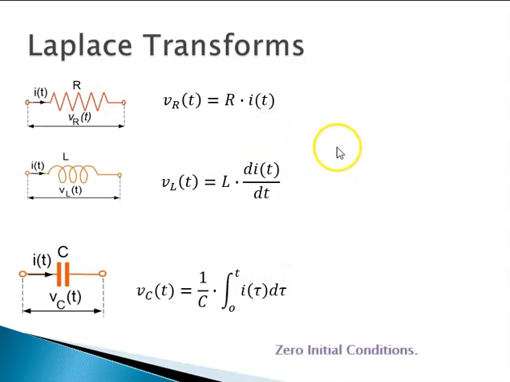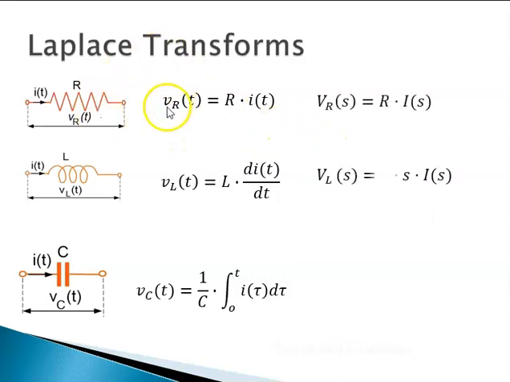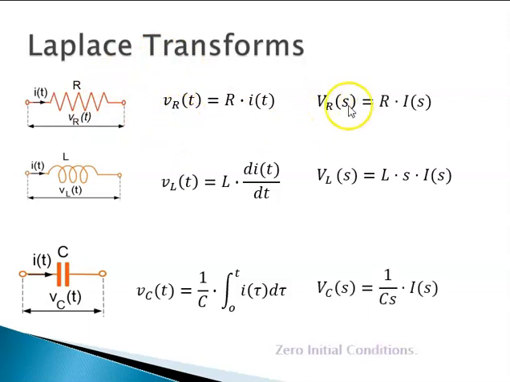If you take the Laplace transform of the first equation, in place of this lowercase v, you use uppercase V. VR(s) is equal to R times I(s), and we have seen that each differentiation in some sense is equivalent to multiplying with s in the Laplace domain, again provided initial conditions are 0.